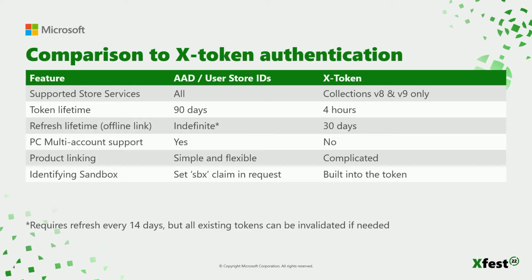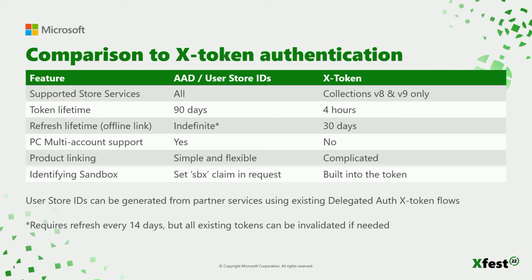Whereas with an X token, this isn't needed because that claim is built into the token when it is created. If your services are using delegated auth X tokens, there is a way to generate a user store ID from your service without having to update or change your client-side code. We'll cover that later in this section.